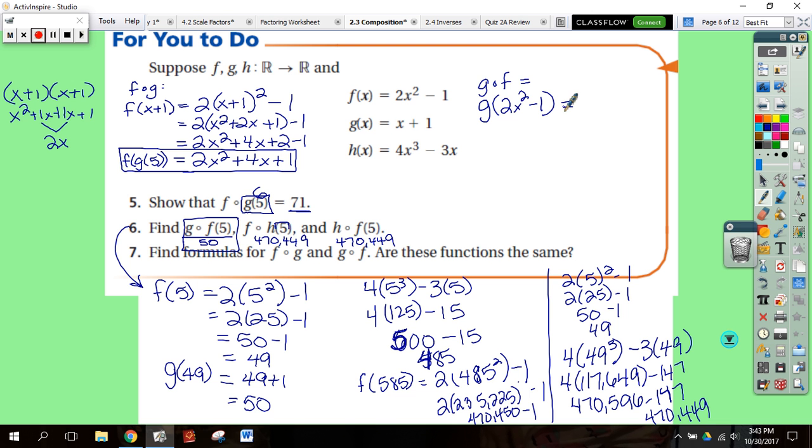Wherever we see an x in the g function, we're going to replace it with this 2x squared minus 1, and then we have this plus 1 over here that we have to add on. So the minus 1 and the plus 1 are going to cancel each other out. So g of f, the function for that would just be 2x squared. So you can also see that in addition to not being commutative, they also do not have the same function.